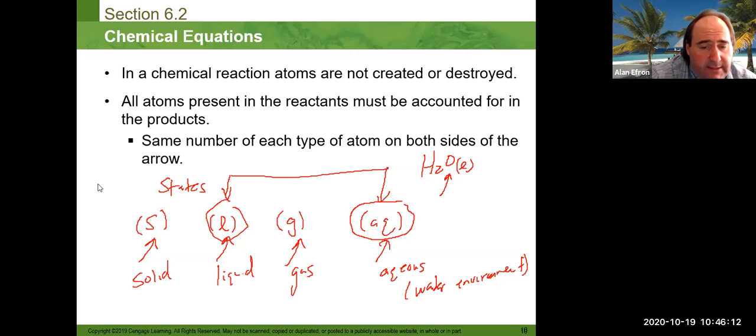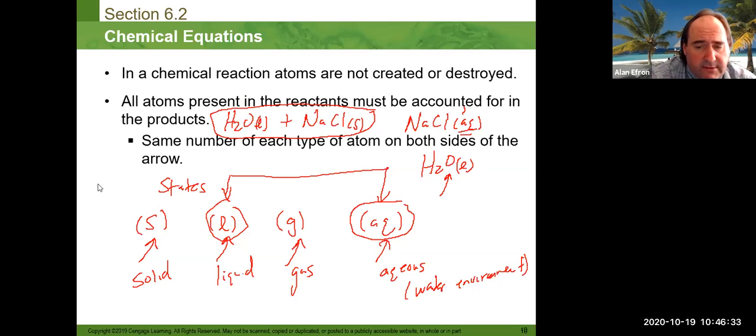But if we took water, which is a pure liquid, and put it together with something like sodium chloride, which is a solid, and we mix these together, the solid would dissolve into the water, those ions, and we would get what we refer to as sodium chloride with the aqueous symbol next to it. Aqueous usually means a solution, and a solution is a homogeneous mixture. So that is the main difference between those two states.